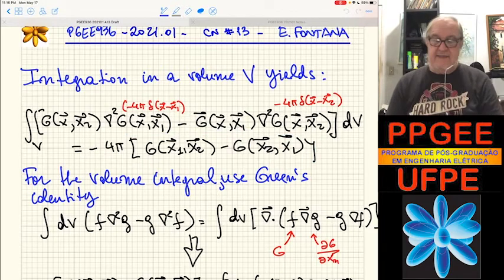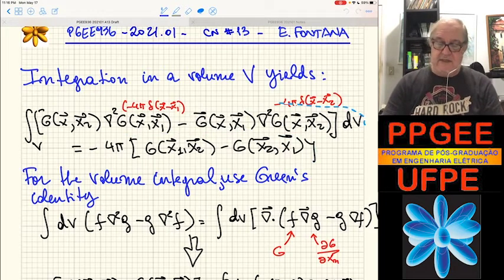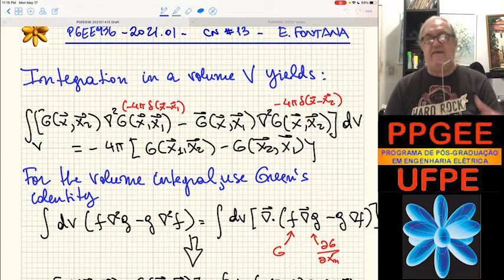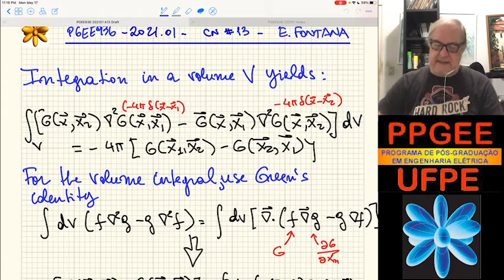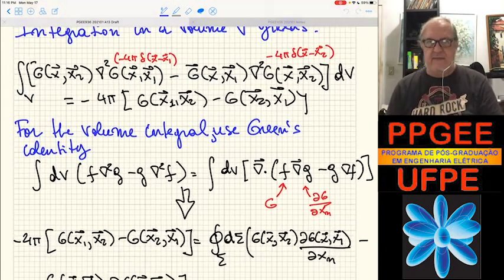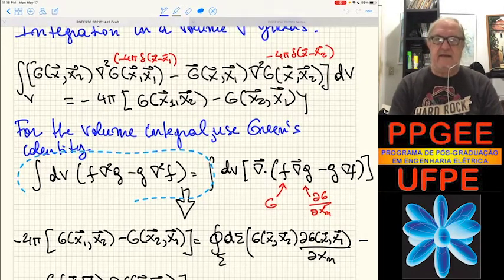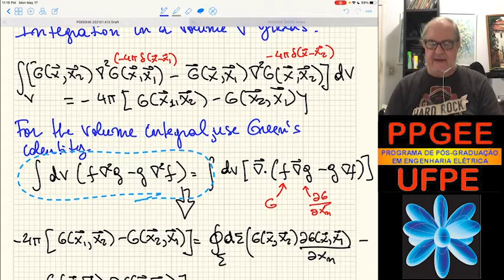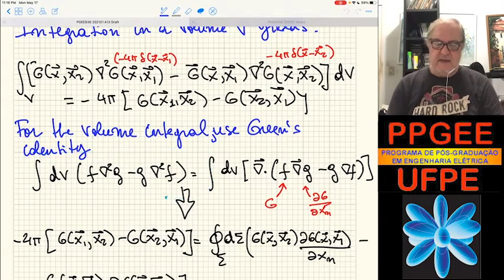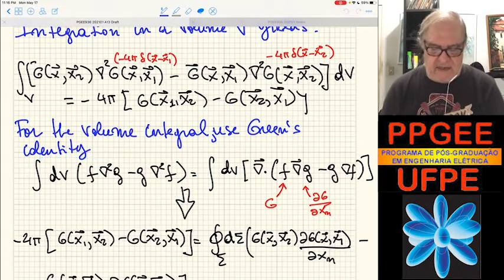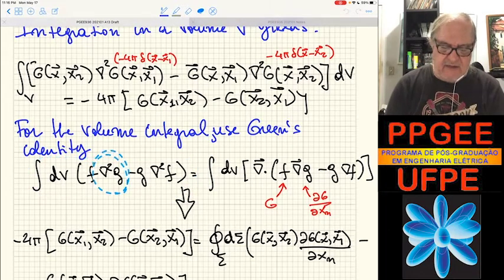Now, at the same time, this integration can be transformed into a surface integral. We have done that before, right? It's just Gauss's theorem, in fact. I demonstrated that in the review of the mathematical tools at the beginning of the course. We can go there and review again. But this is just Gauss's theorem, okay? This divergence of gradients, right?